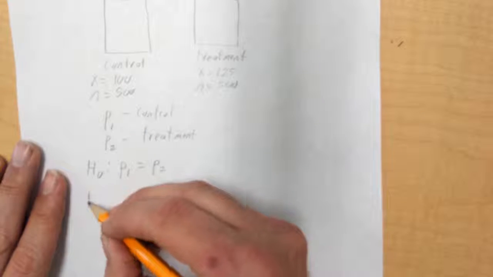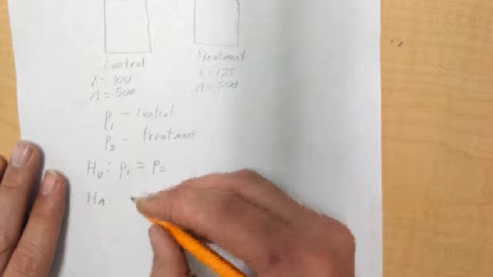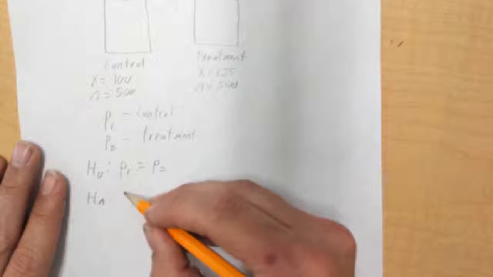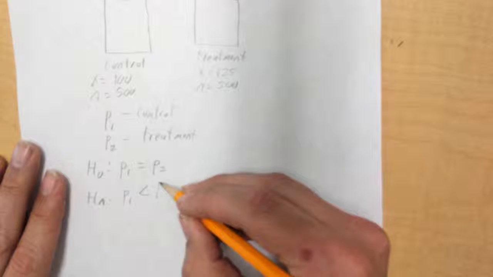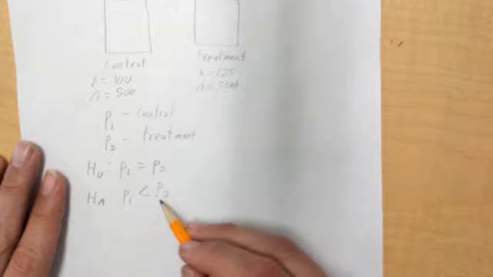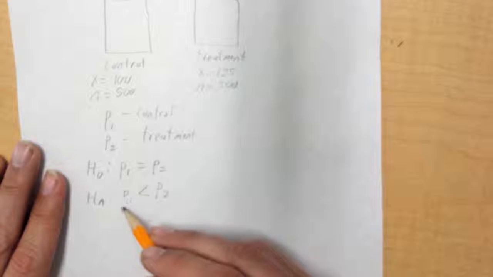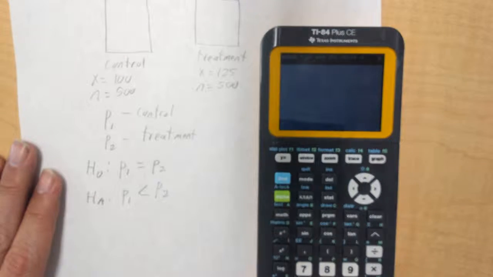Now on the other side, we have HA. Our alternate hypothesis is that P1 is going to be less than P2. Or more people got better with our drug, because again our drug is P2, than got better on just the placebo. So now that we have that, we'll go ahead and go to our calculator.